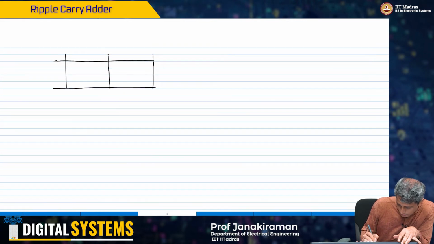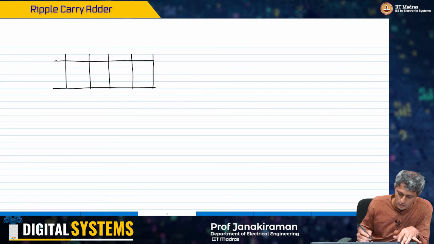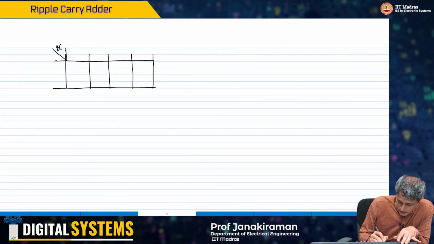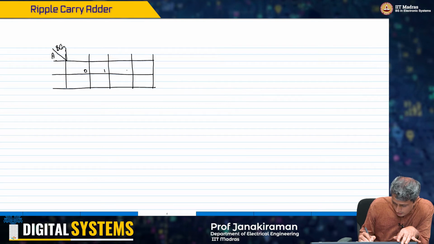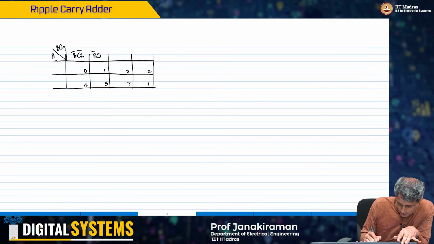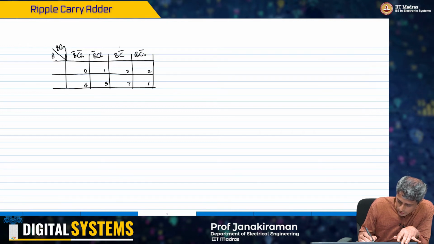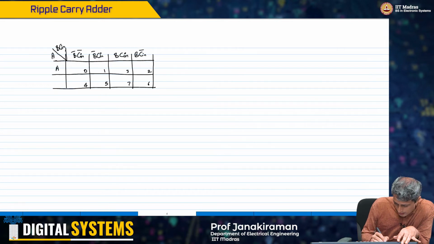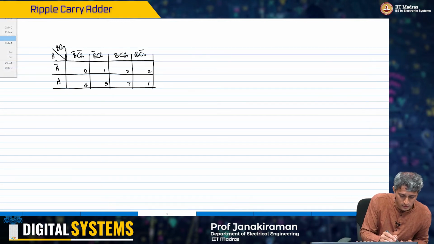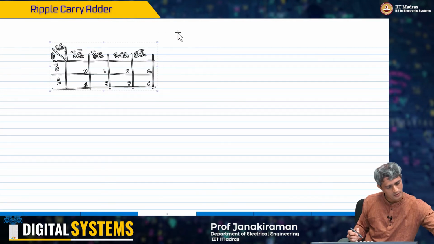Right, so this is 8 inputs, so I have this, with B, C in, A on the axes, with the columns labelled 0 1 3 2 and 4 5 7 6, B bar C in bar, B bar C in, B C in, B C in bar, and A bar and A. I can make a copy of this.